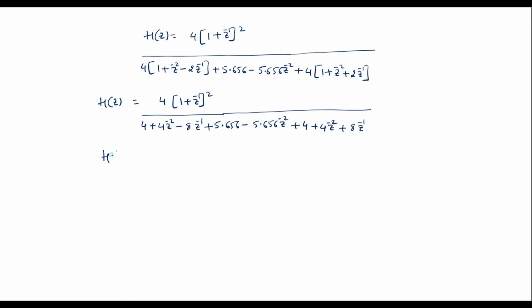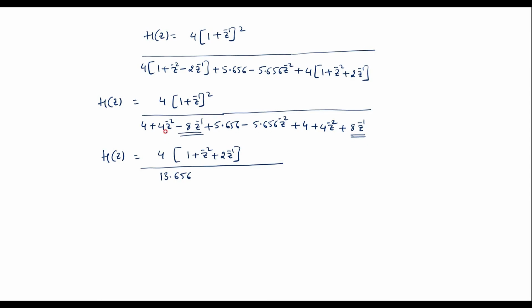So simplifying this further, I can write H of z is equal to 4 times (1 plus z power minus 2 plus 2z inverse). On the denominator side, the constants are 4 plus 5.656 plus 4, so it gives 13.656, and here minus 8z inverse and plus 8z inverse get cancelled.